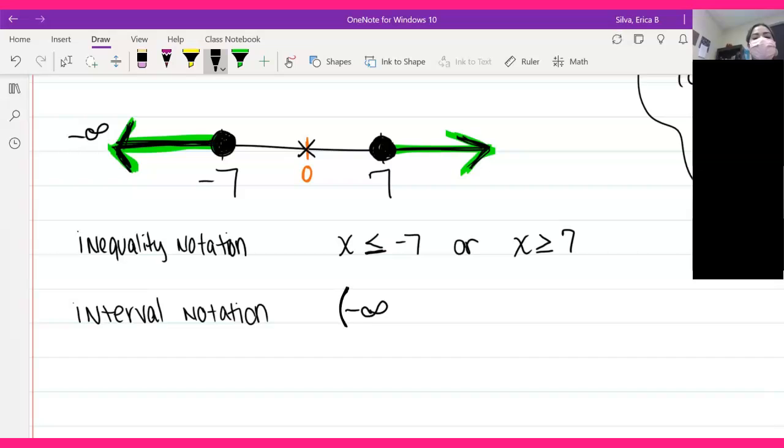We always use parentheses for infinity, comma, because this is my smallest value. And then my largest value is -7. And because it's equal or solid, because it's a solid circle or a closed circle, we want to use a bracket.